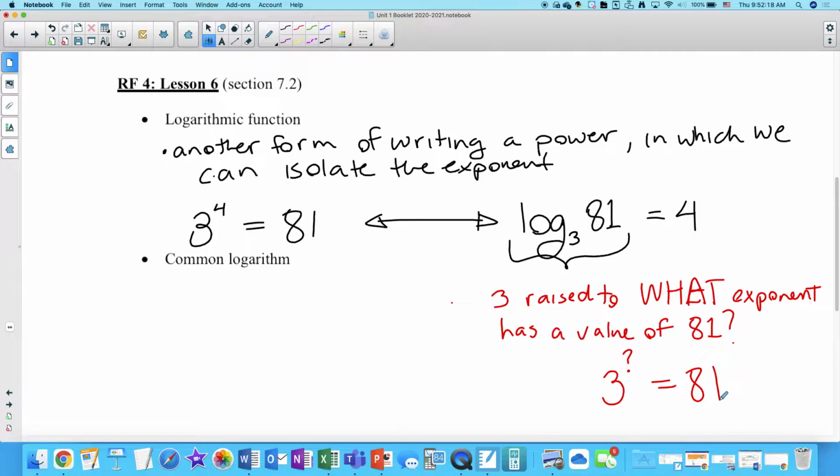And so the value of this logarithm is 4. And in exponential form, that would be the exponent part.